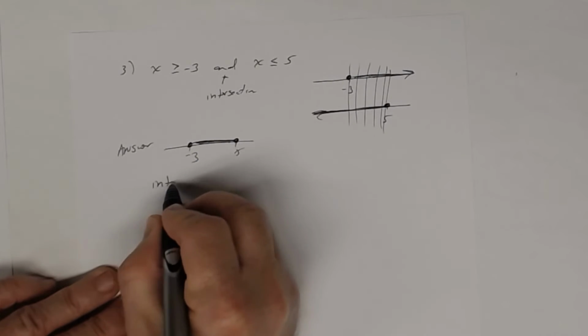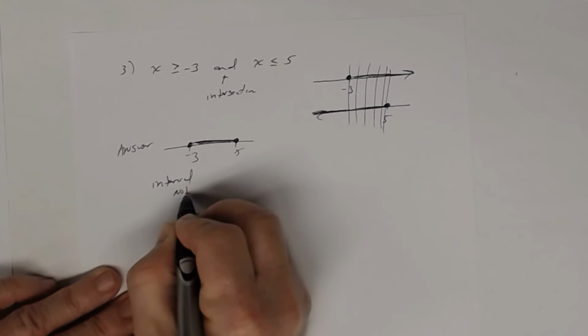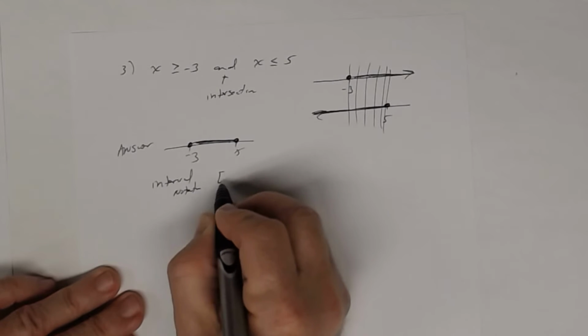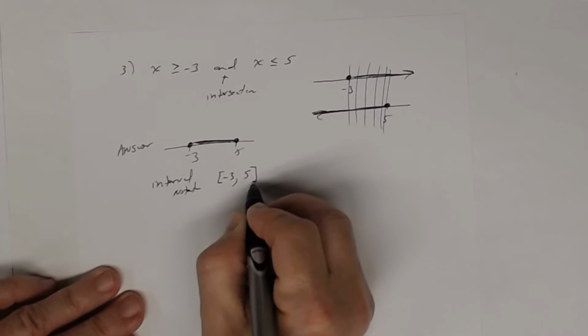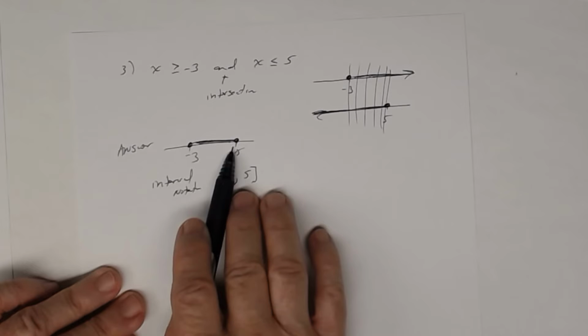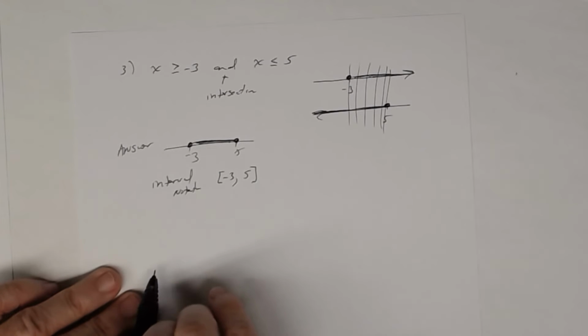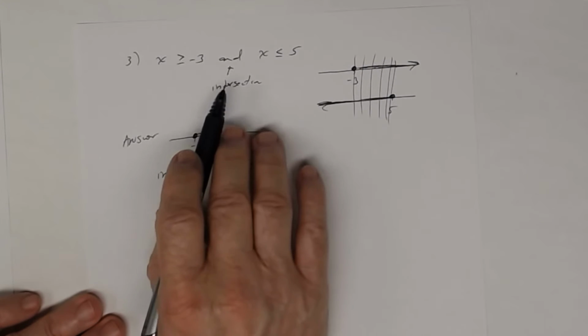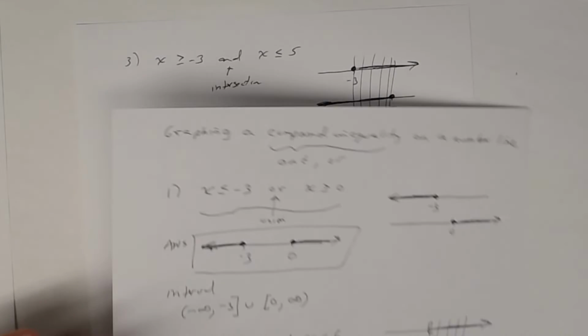In terms of interval notation, you're going to say bracket -3 to 5, bracket. Always go from left to right, smallest to largest. All right, so that's number 3. So remember, and means intersection, or means union.